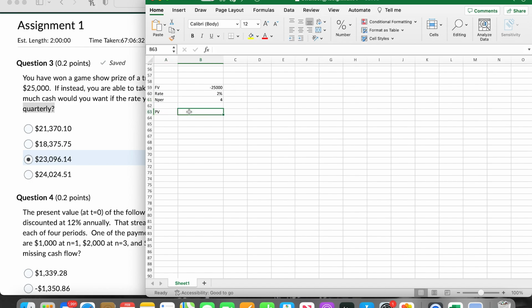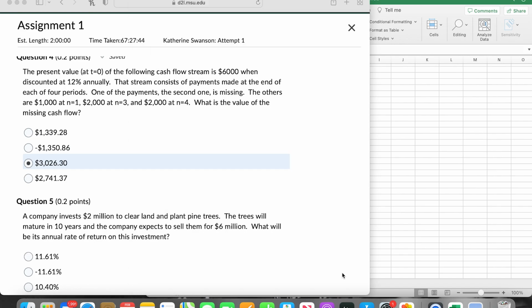So that initial value equals PV, rate of 2% for 4 periods, $25,000. We're looking at $23,096.14.